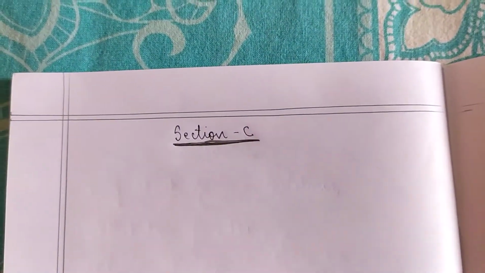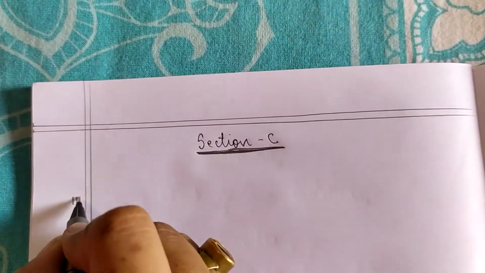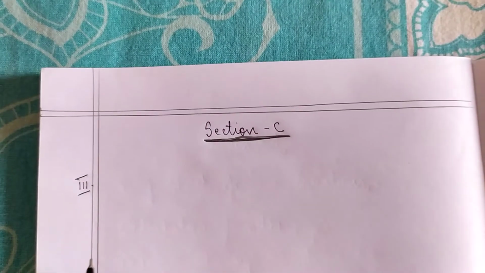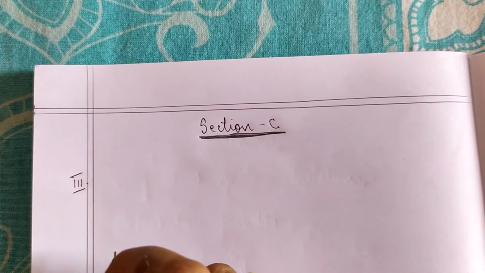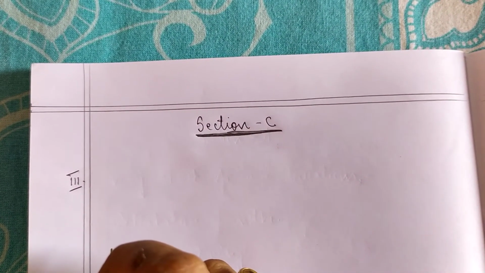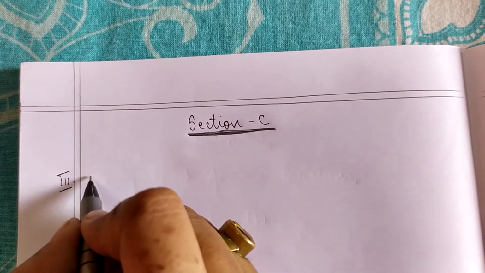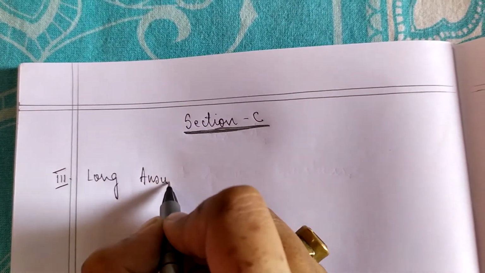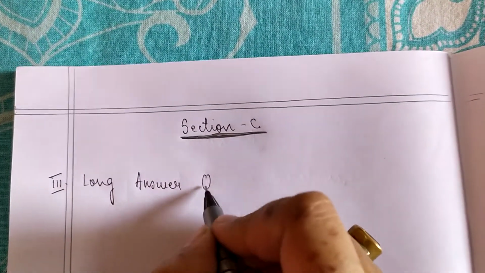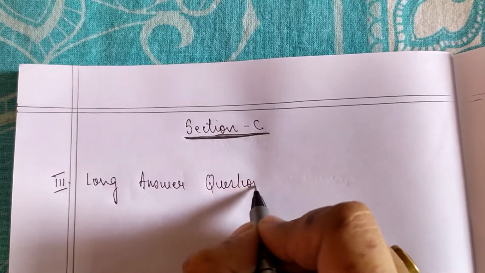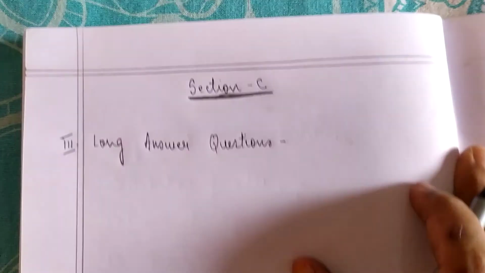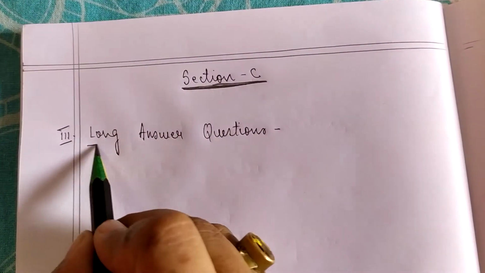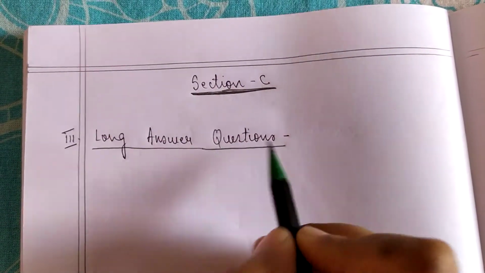Next, you will write whatever questions are given in your question paper. For example, number 3 is long answer questions. After writing that, you will also underline it.